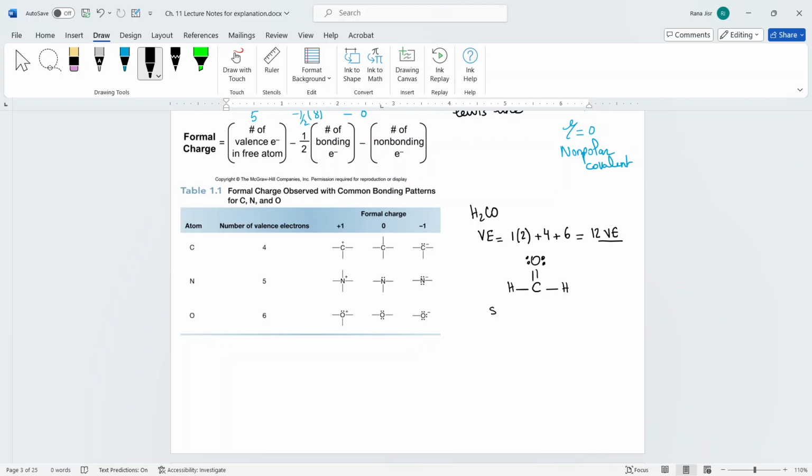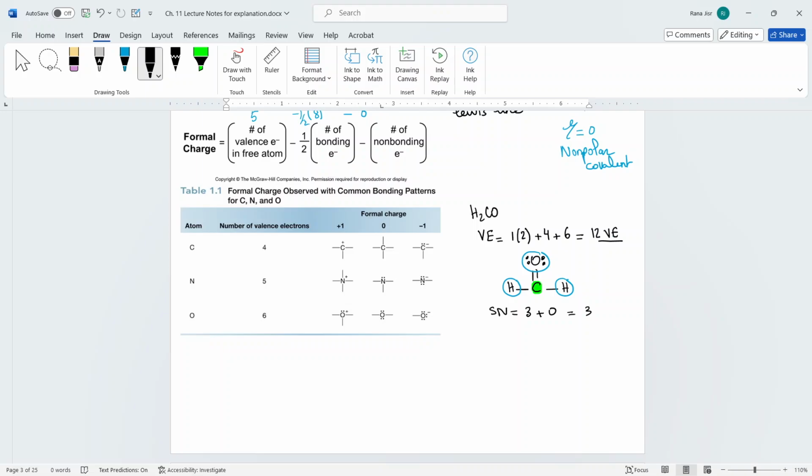Go ahead and calculate the steric number, which is the number of atoms connected to the central atom. The central atom is the carbon, so the number of atoms connected to it is 1, 2, and 3. So that is going to be 3. There are no lone pairs around the carbon, so that is 0. So I know that the steric number is 3.